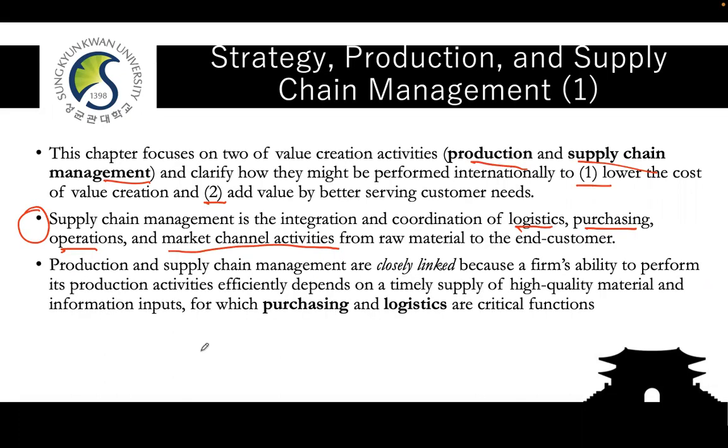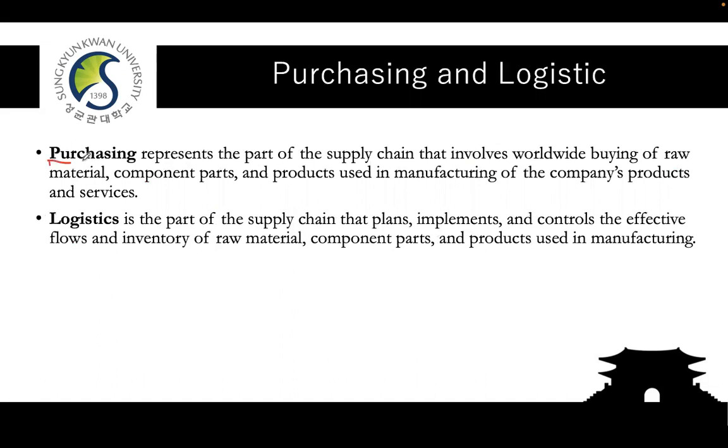Okay, so let's see some of them in more detail. We begin with logistics and purchasing, and I think this is self-explanatory. In purchasing, you buy your raw materials, spare parts, components, and work-in-progress inventories. You purchase the materials to be processed. Logistics is the part of the supply chain that plans, implements, and controls the effective flows and inventory of raw materials, components, and products used in manufacturing.